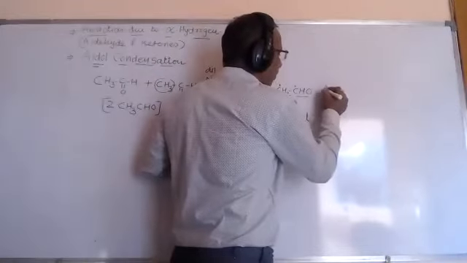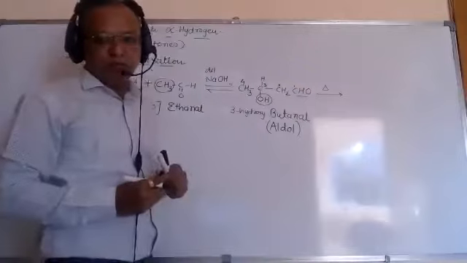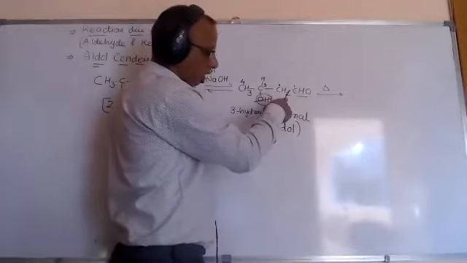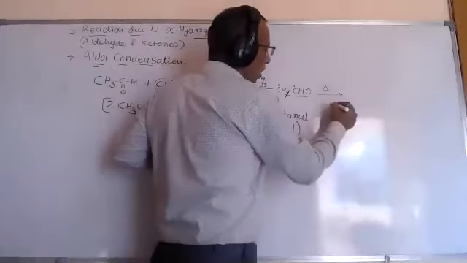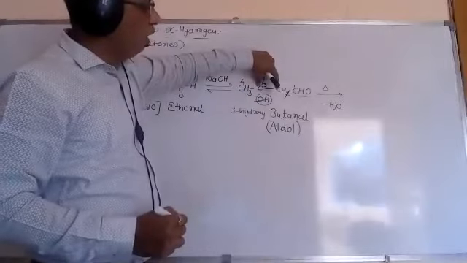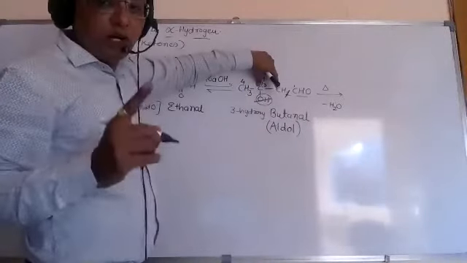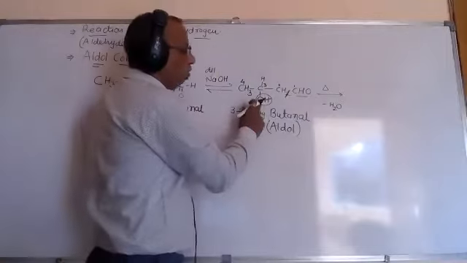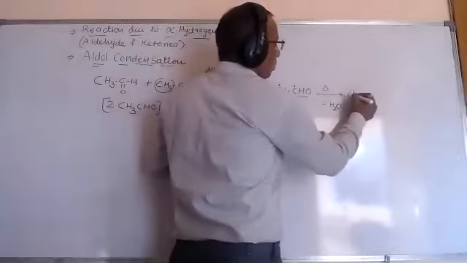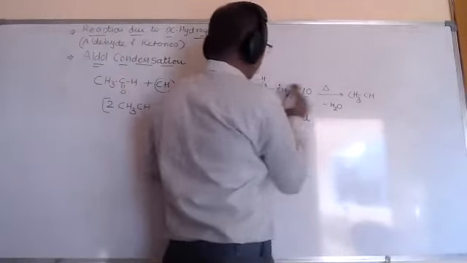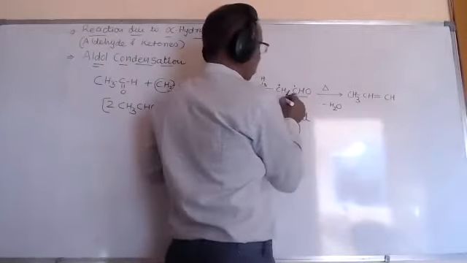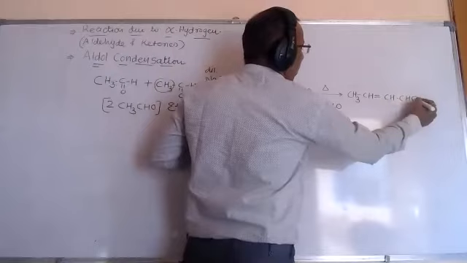But this is not completed. In the further step, it will be heated, and, friends, OH from here and H from the next one will be removed as a water molecule. And between the 2 and 3 number carbon, one double bond will be formed because OH is removed. So this bond is left, it will move upwards. So CH3, this is CH, then double bond CH, and then CHO.